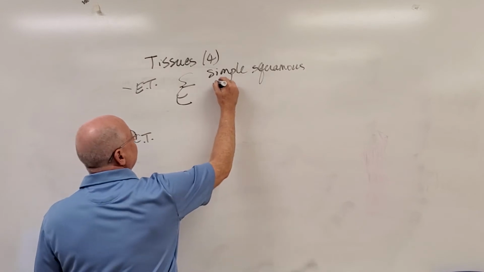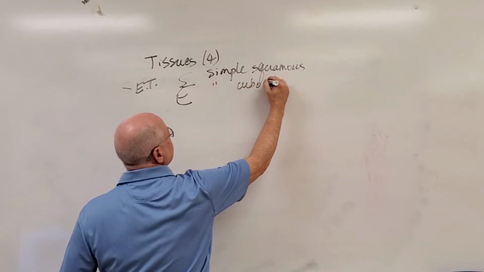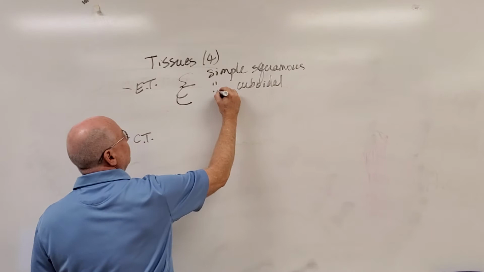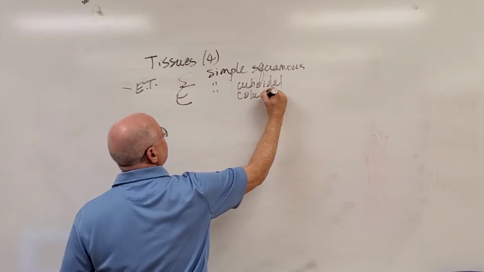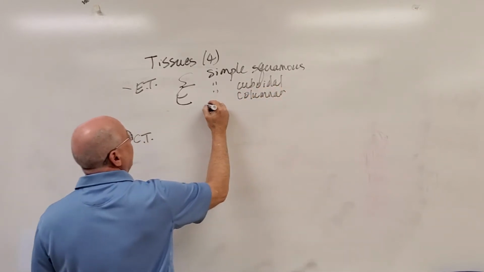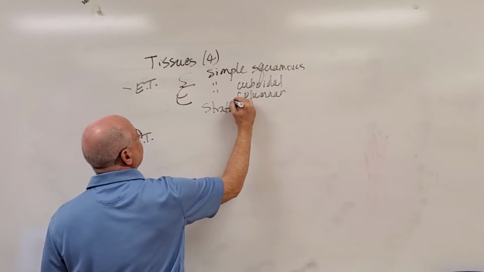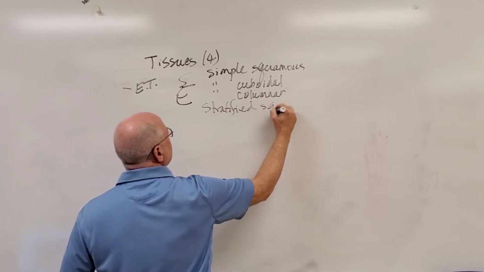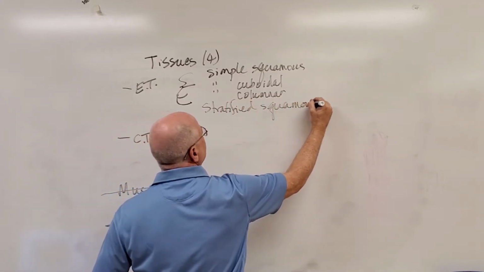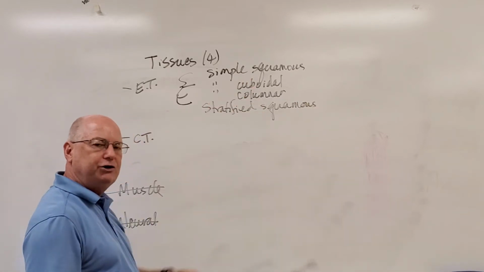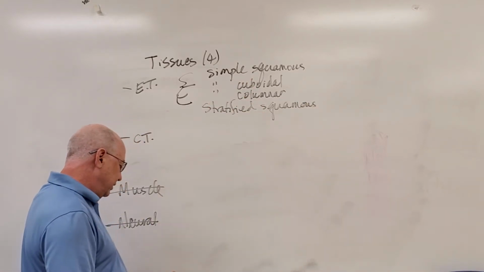We covered simple cuboidal. You should draw that. We covered simple columnar epithelial tissue, and then we did stratified squamous. So you should be able to write out an outline and draw a picture of each one of them and what you should be seeing.